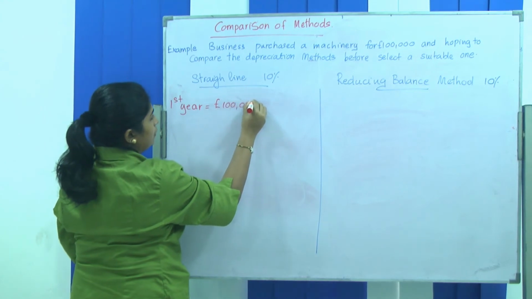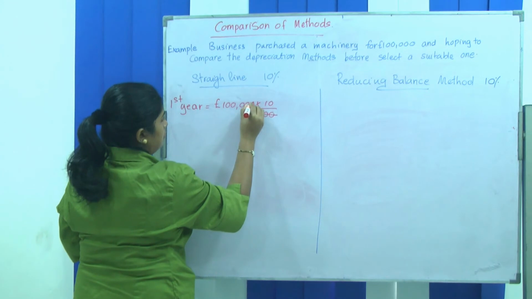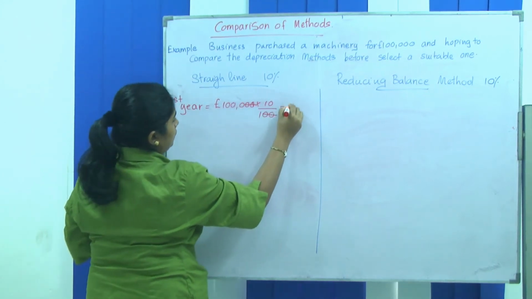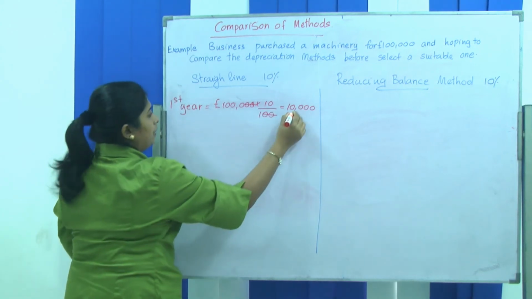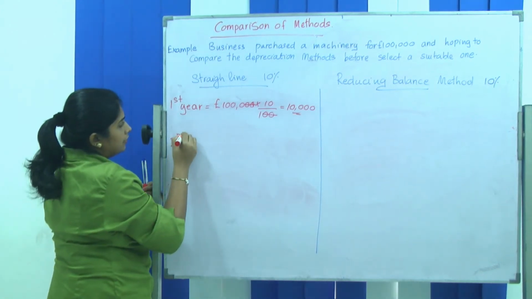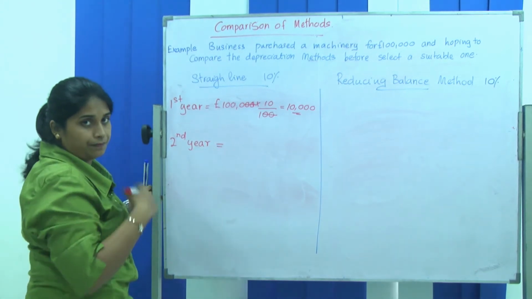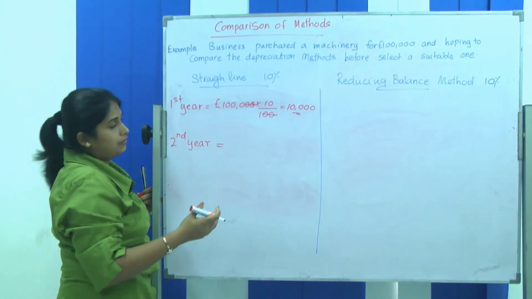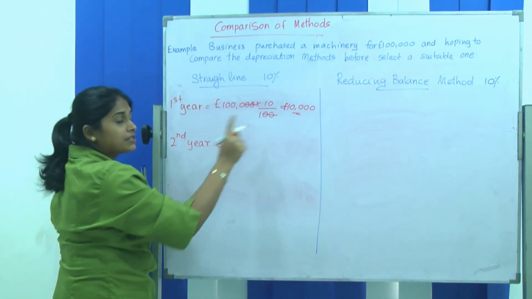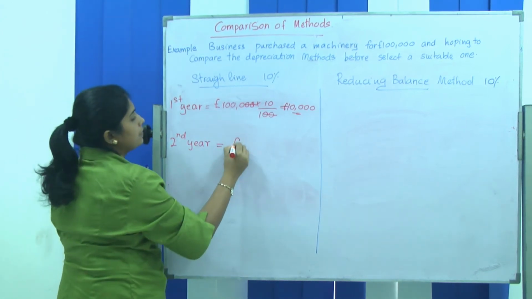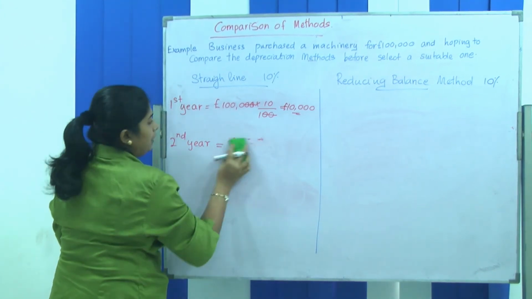So 100,000 into 10% will be 10,000. Because this is the straight line method, it does not make any difference to the depreciation charge. If the first year it's 10,000 pounds, then the second year also it will be 10,000 pounds. I'll just calculate and show you.